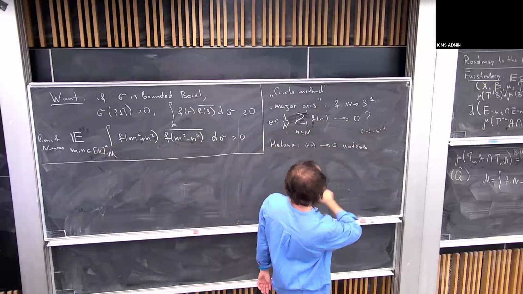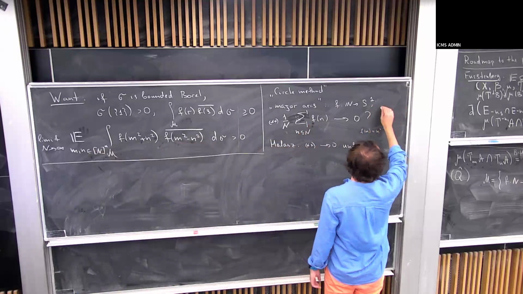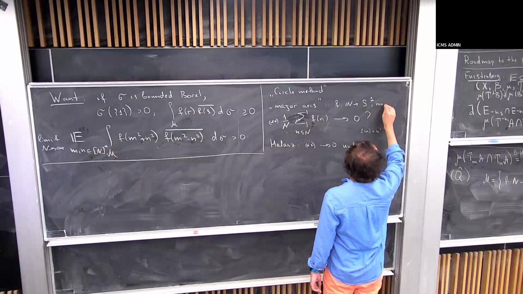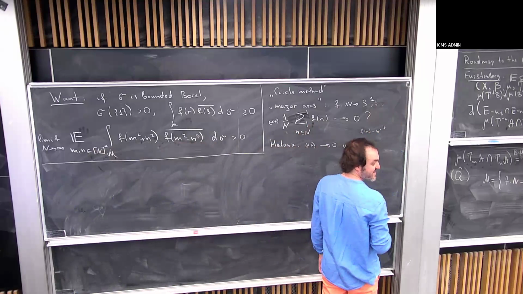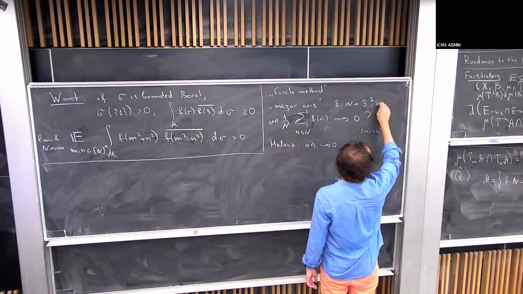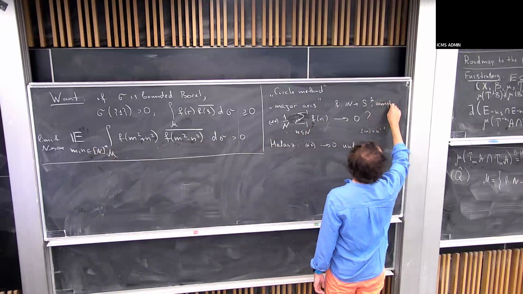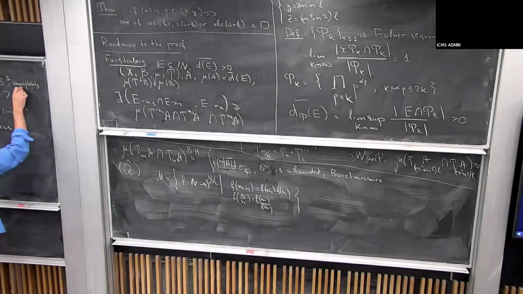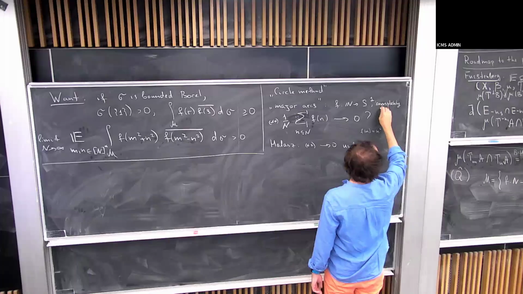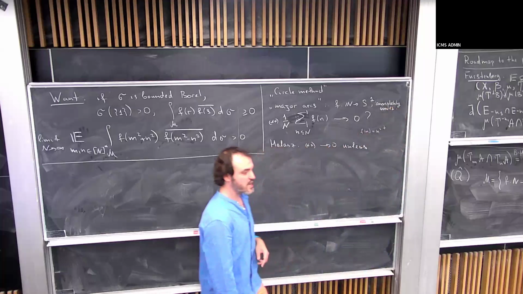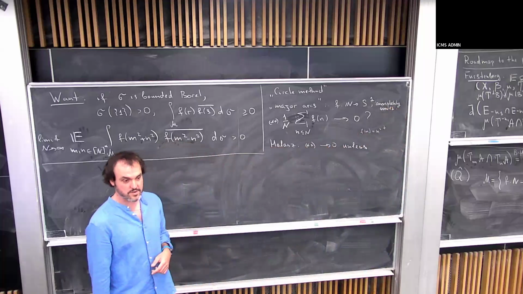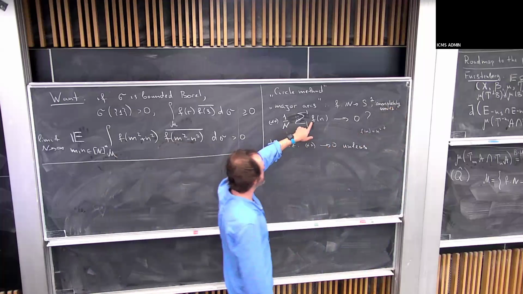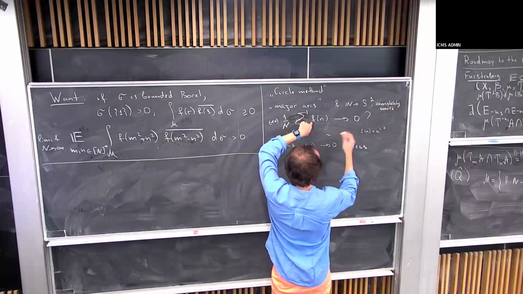I'll make my life even easier and say completely multiplicative. This function n to the it is also a completely multiplicative function. And what happens with this average is that it doesn't exist.